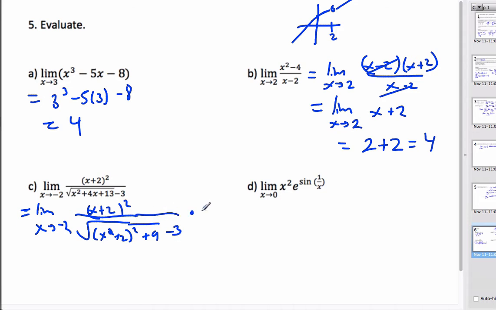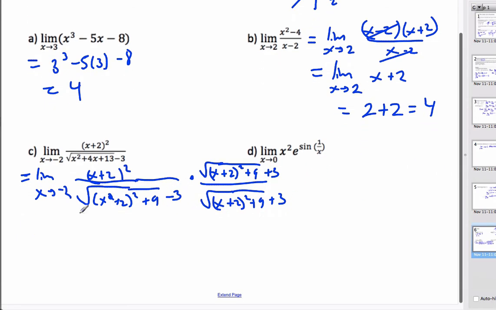Then I'll multiply by the conjugate, root of x plus 2 squared plus 9 plus 3, over root of x plus 2 squared plus 9 plus 3.